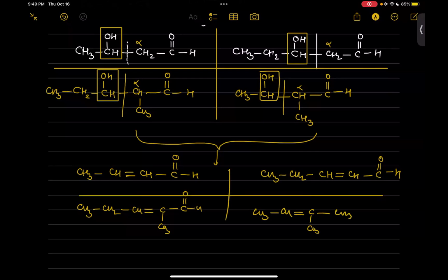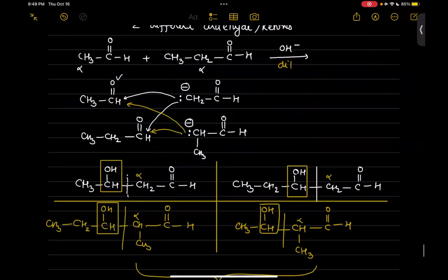So we have these four products as the final answers, which are alpha, beta unsaturated aldehyde and ketone, with the double bond between alpha and beta carbon that you form if heat is given. Getting my point? Any doubts on this?